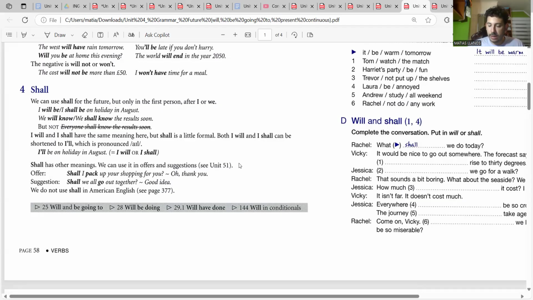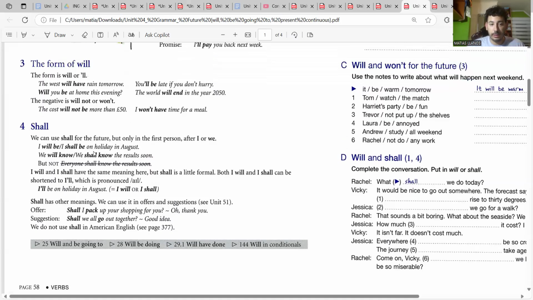And that's why I'm saying I will show it, but I'm not going to get into it because it's not very necessary, I think. So we can say I will be, or I shall be, on holiday in August, or we can say we will know, or we shall know the results soon, as it says here.